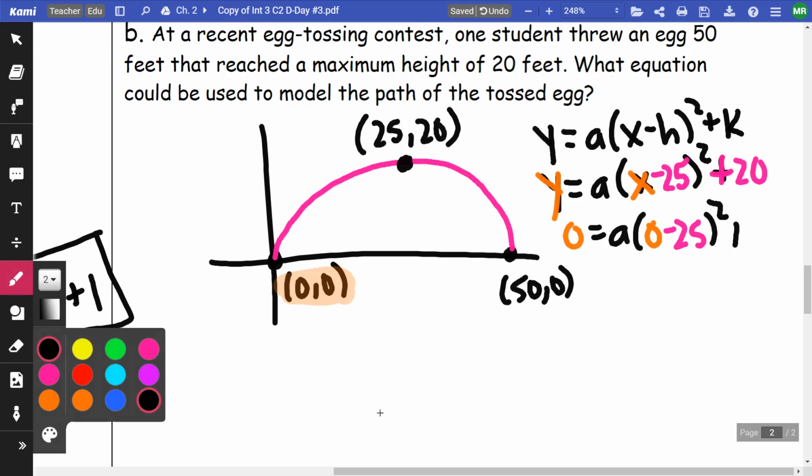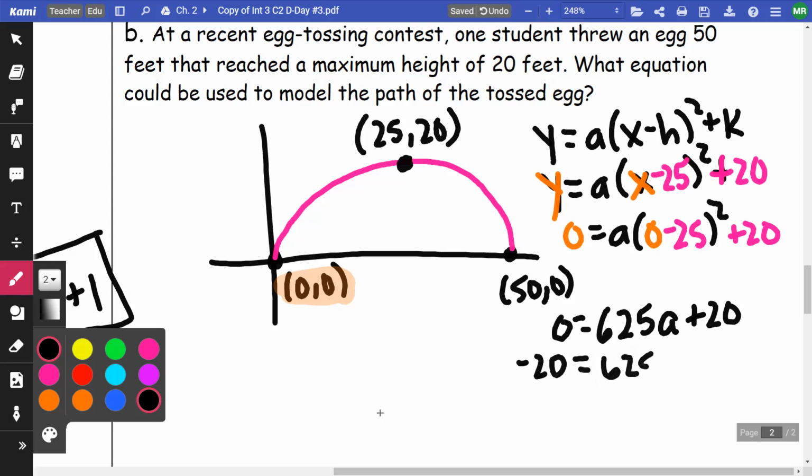And I'm going to work that out. So I'm going to have 0 is equal to, and when I do 0 minus 25, I get a negative 25. And a negative 25 squared, if you put it in your calculator, is 625. So I'm going to have 625a plus 20. I'm going to subtract 20 from both sides, and then I'm going to divide by 625.